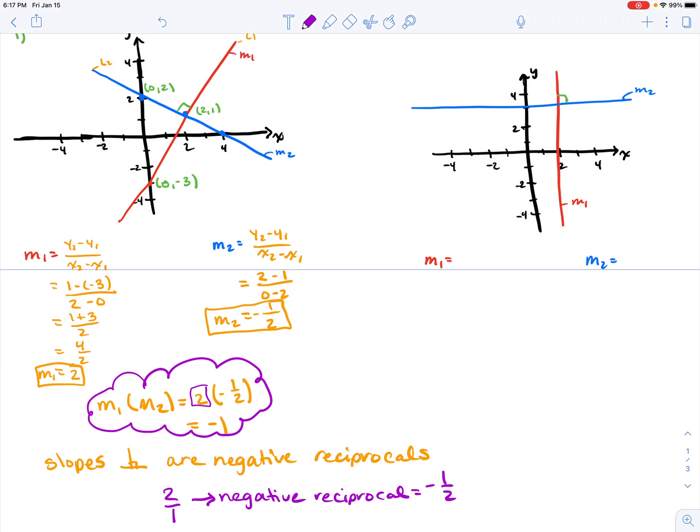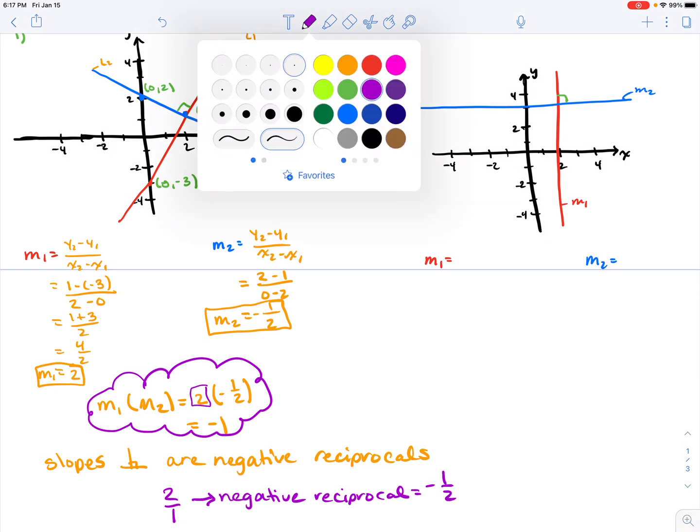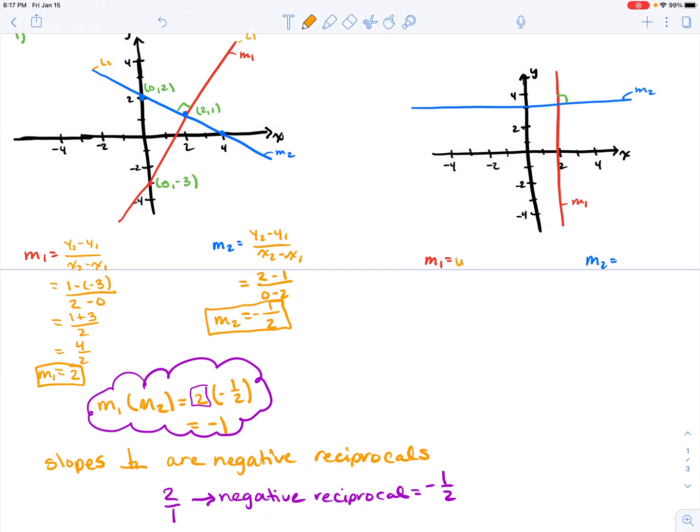Now let's look at horizontal versus vertical lines. Well, I know that, again, remember, my vertical line has an undefined slope because it's a fraction with 0 in the denominator. I know that my horizontal lines have a slope of 0 because 0 is in the numerator. Because they're on opposite sides, they're again like reciprocals.